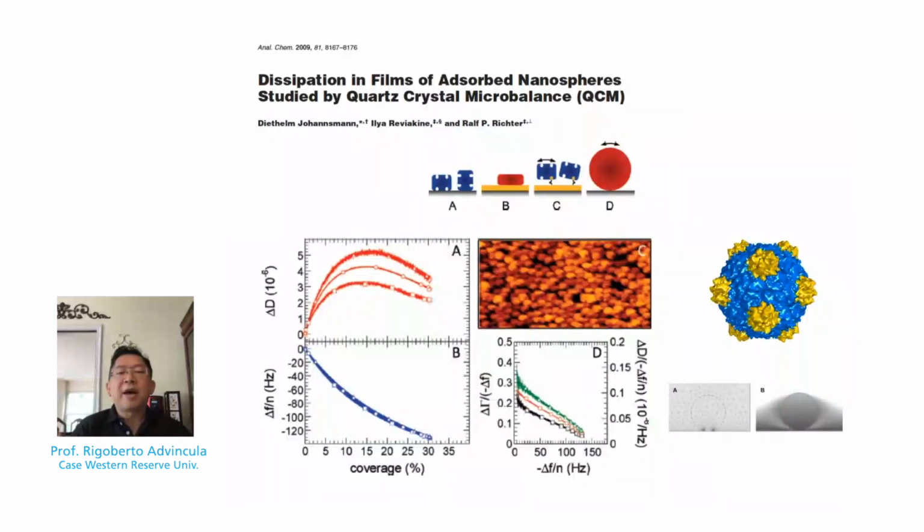This happens to be a cowpea mosaic virus, as shown in the micrograph, and then correlating that with the frequency shift and the dissipation properties, along with different sizes of the models of the virus or molecular weights of the proteins or size of the enzymes.